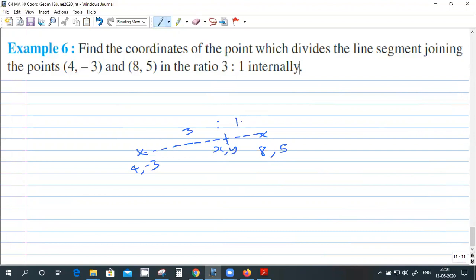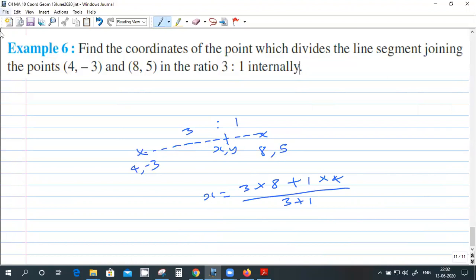The line segment goes from this point to this point. So x is 3 into 8, plus 1 into 4, that is 24 plus 4.